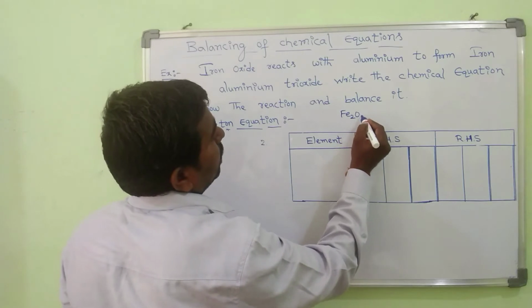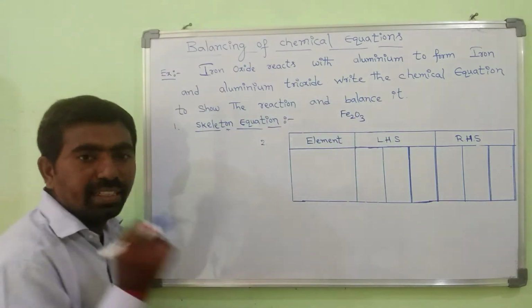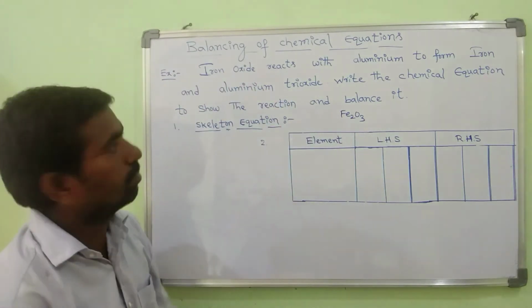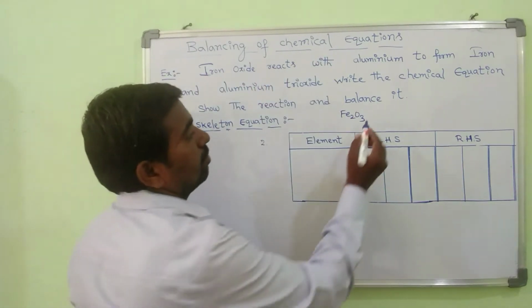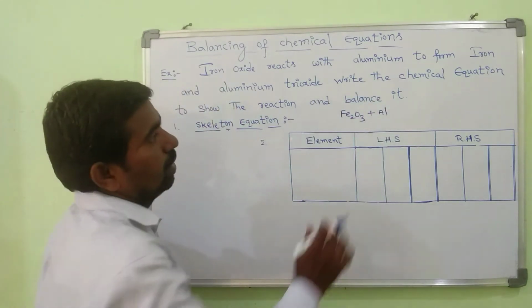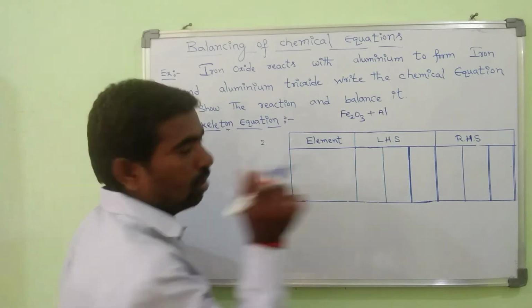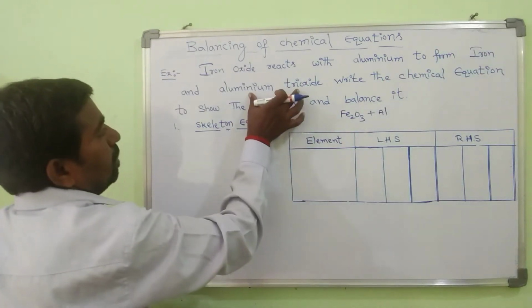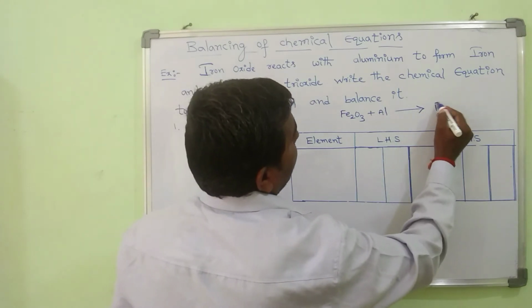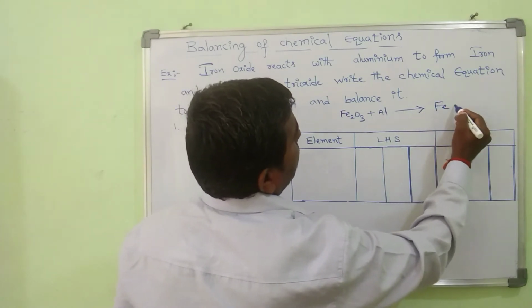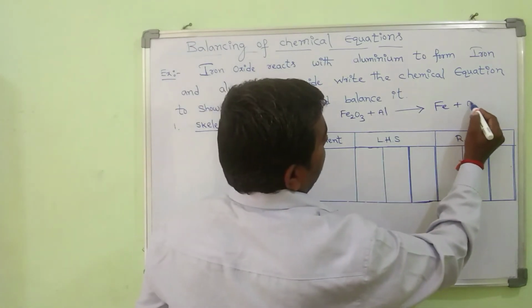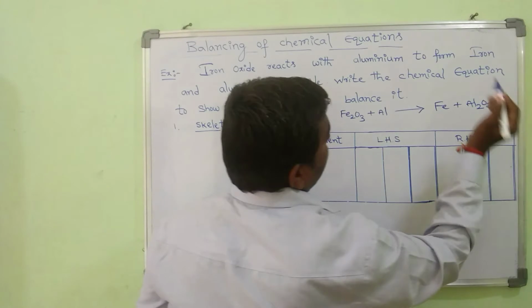The formula of iron oxide is Fe2O3, which reacts with aluminium, whose formula is Al, to form iron and aluminium trioxide. Now the products are iron, whose formula is Fe, and aluminium trioxide, whose formula is Al2O3.